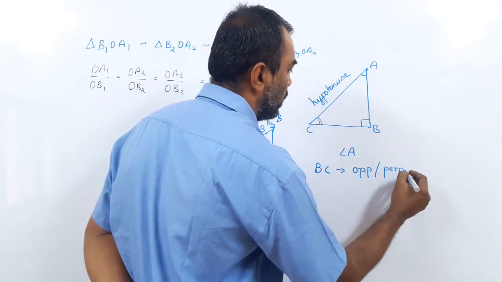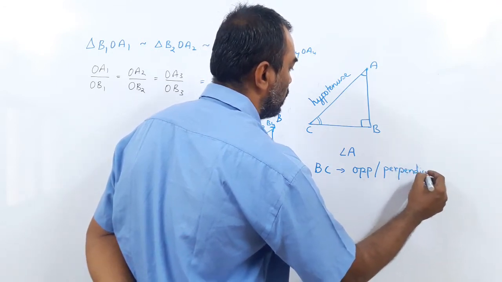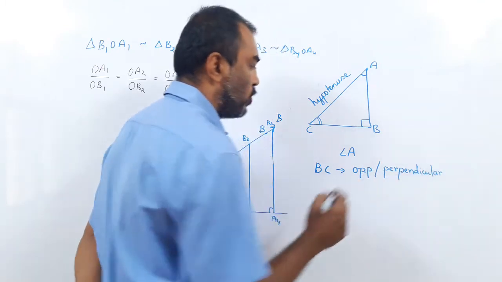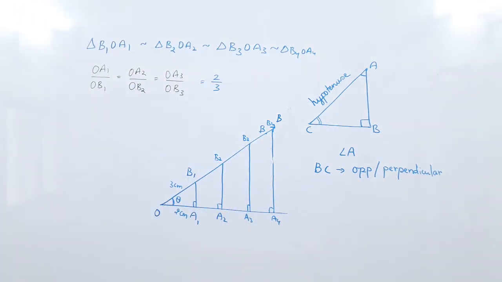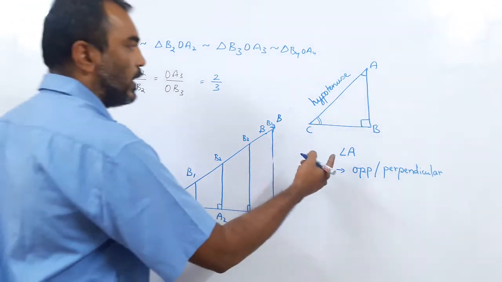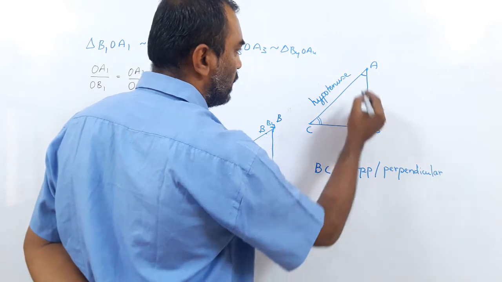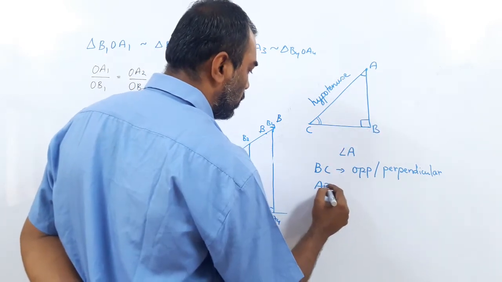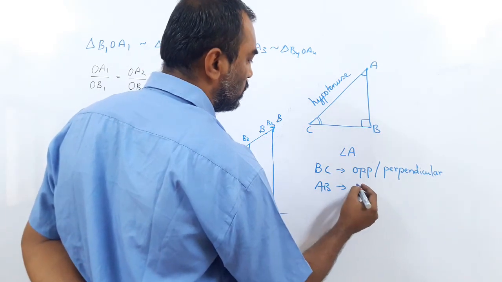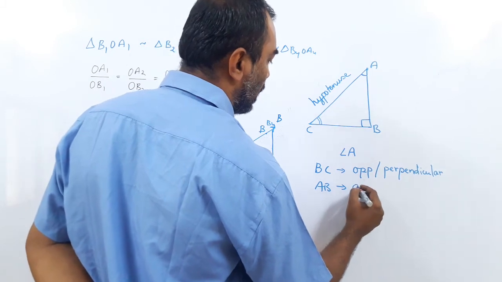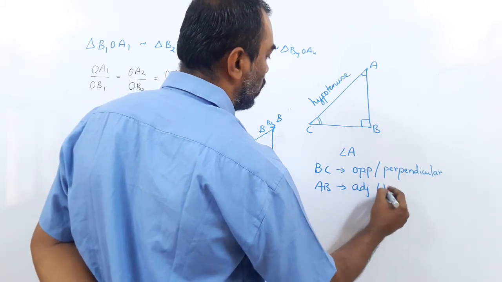Remember, I'm writing the full name here. Follow this very clearly. If I take angle A, then BC is called the opposite or perpendicular, and AB is called the adjacent or the base.